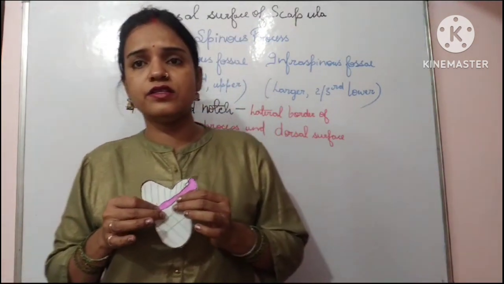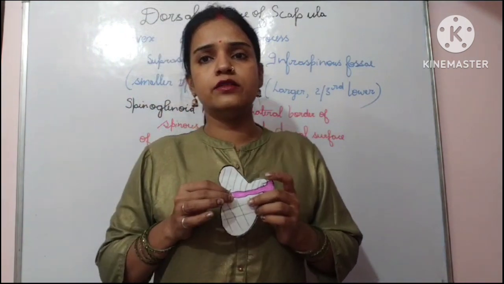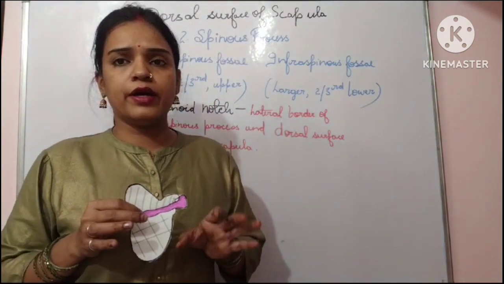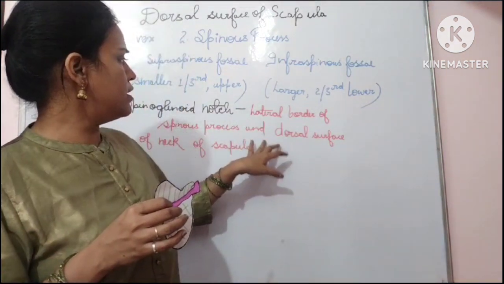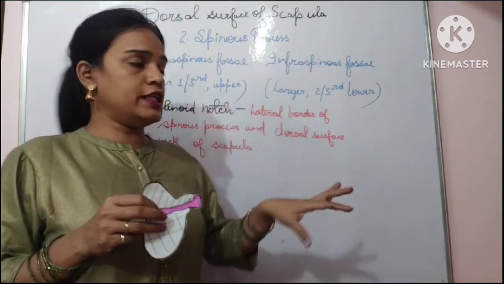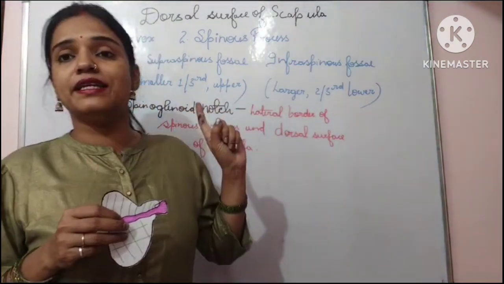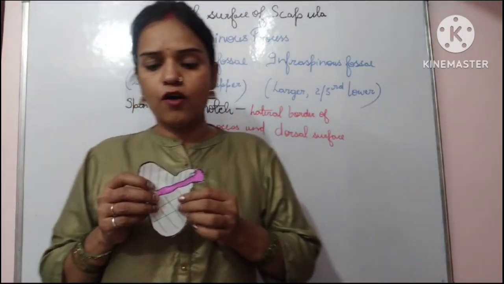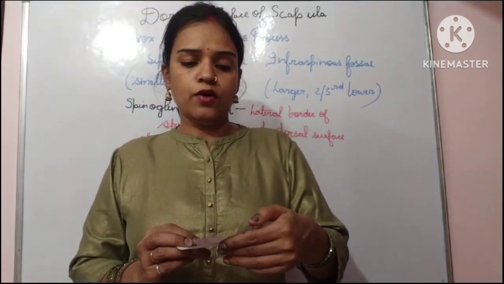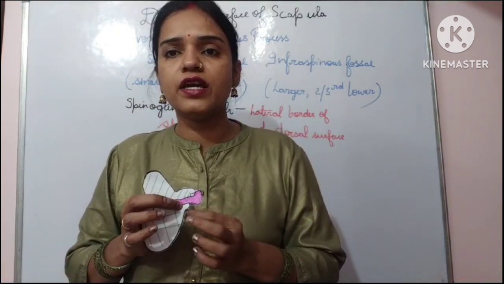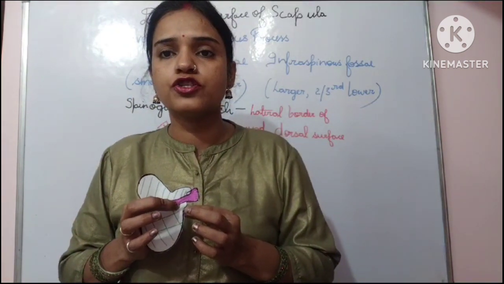Next we have the supraglenoid notch. This is important to understand. As I have written here, it is found between the lateral border of the spinous process and the dorsal surface of the neck of the scapula. You can find it somewhere here, the supraglenoid notch.